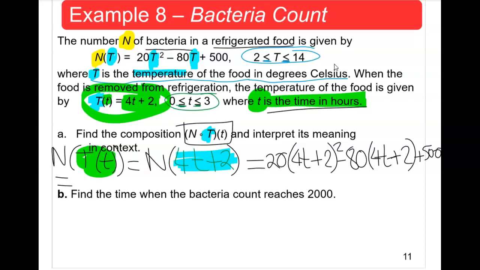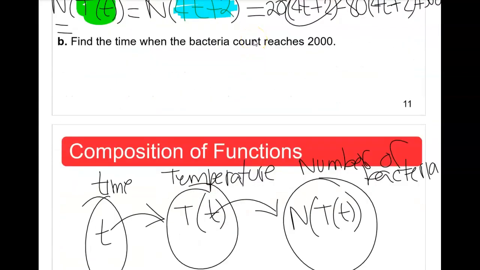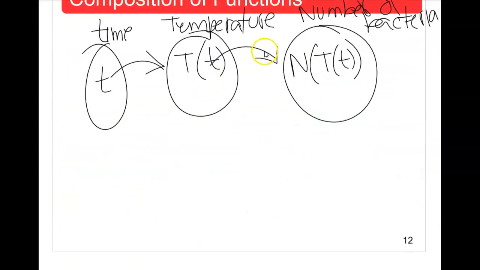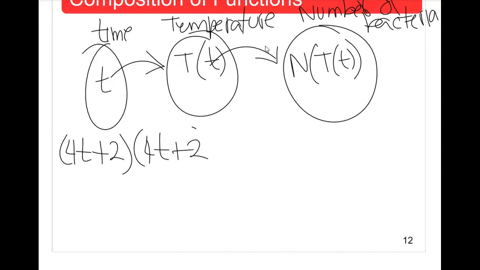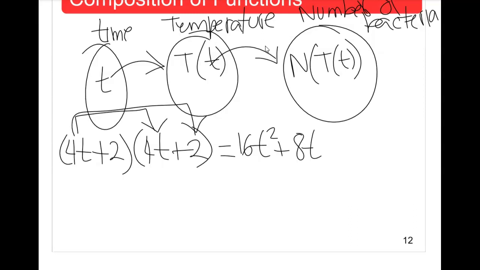So if we simplify this, first we need to calculate the square of this binomial, 4t plus 2. If we square it, we're multiplying the binomial by itself. So 4t times 4t is going to equal 16t squared. Then 4t times 2 is going to equal 8t.